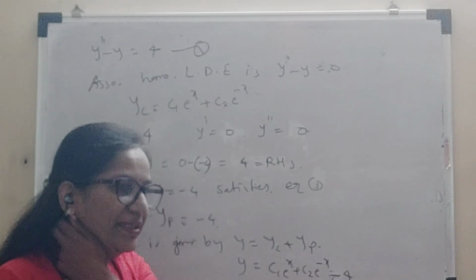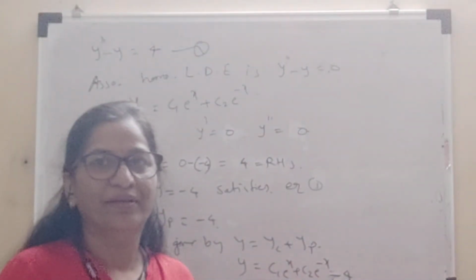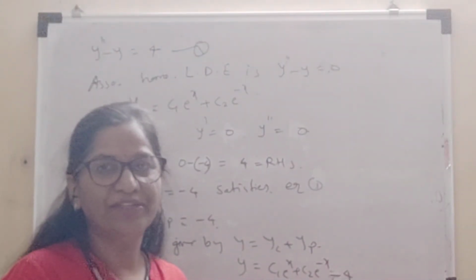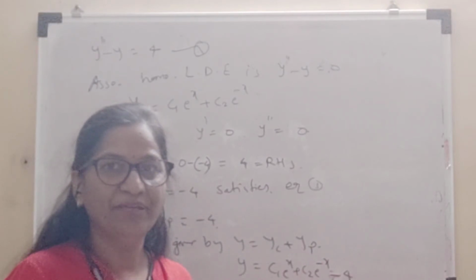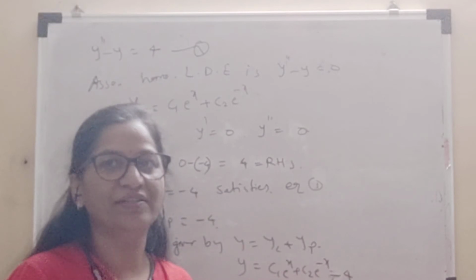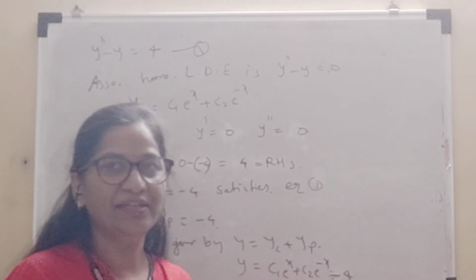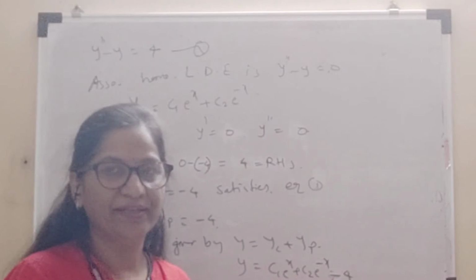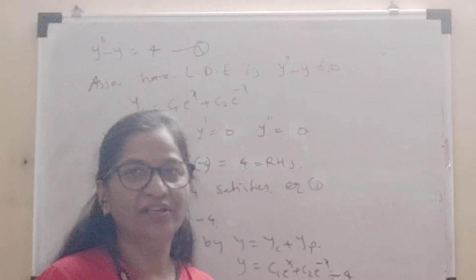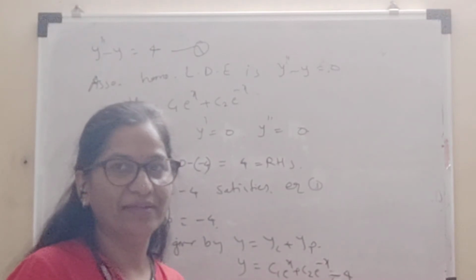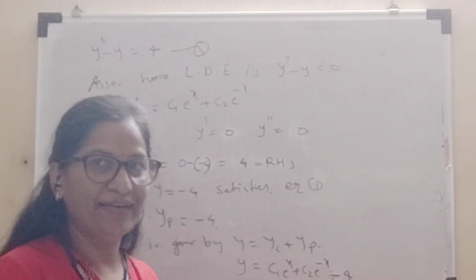So what we did in this lecture: for a homogeneous linear differential equation, the general solution consists of only the complementary function. But for a non-homogeneous linear differential equation, the general solution consists of the complementary function plus the particular integral. The particular integral is associated with the non-homogeneous part, that is the RHS, and the complementary function is associated with the homogeneous part. Okay, it is denoted by yc.